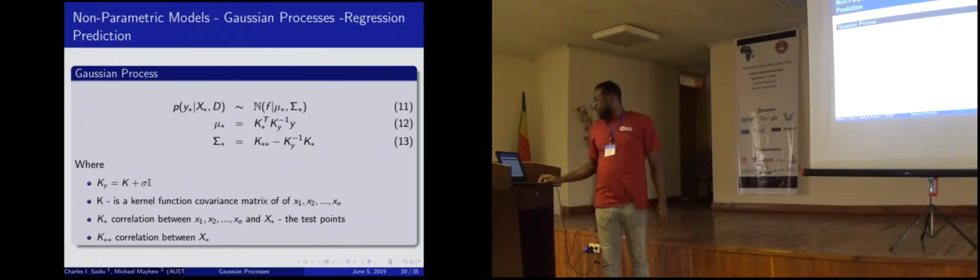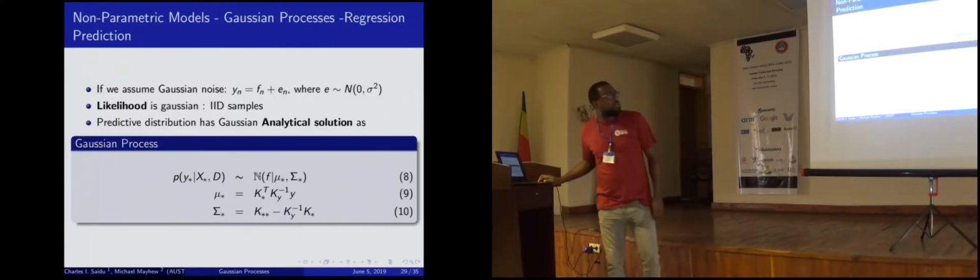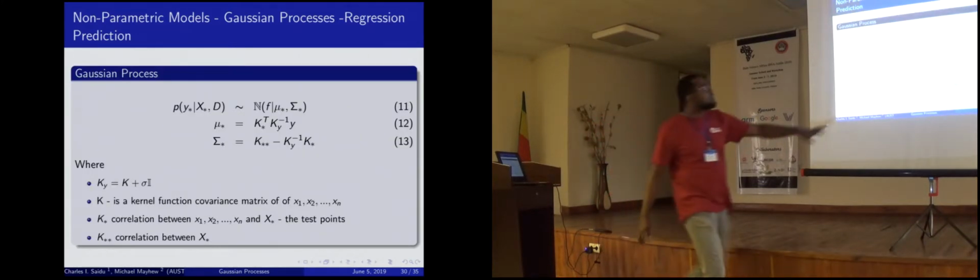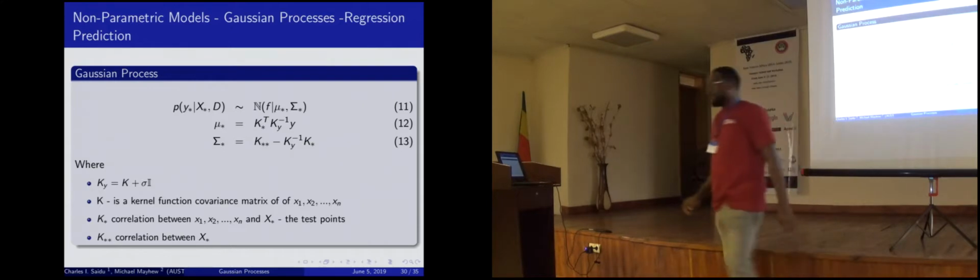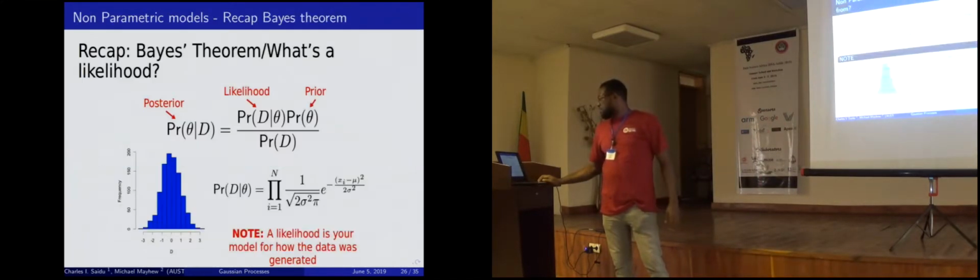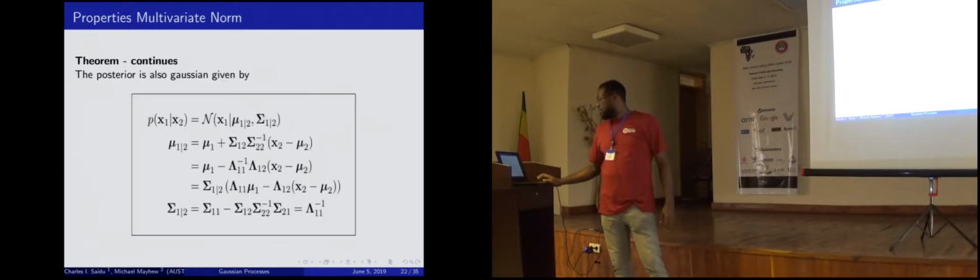So when you have the time, you can quickly look at this and see how it relates with this. Basically, you substitute for every x value you see there, because we are looking at a distribution over functions evaluated at x. So it's a multivariate distribution over those function points.